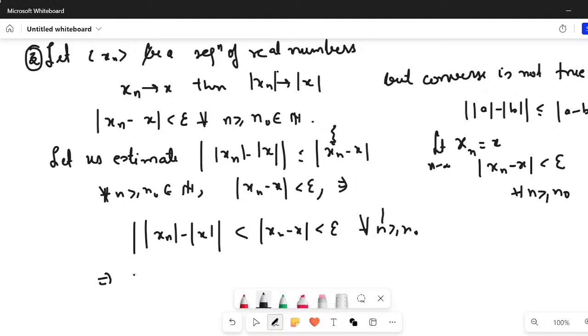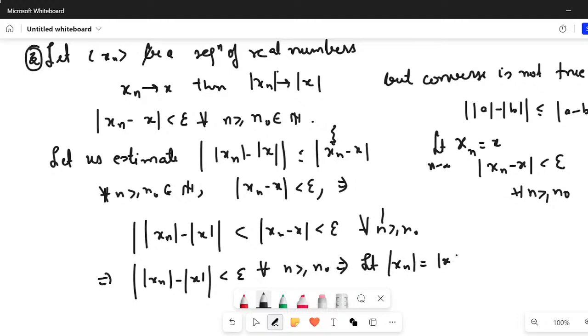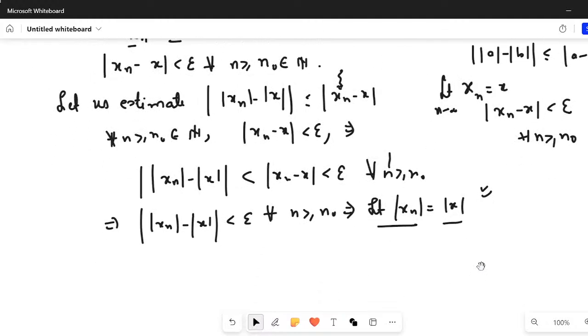It implies that the limit of modulus of xn is equal to modulus of x. So given that xn converges to x, always remember modulus of xn always converges towards modulus of x.